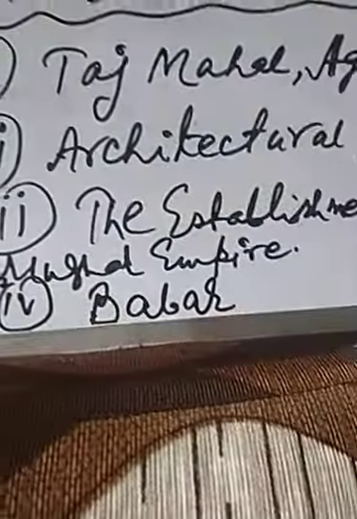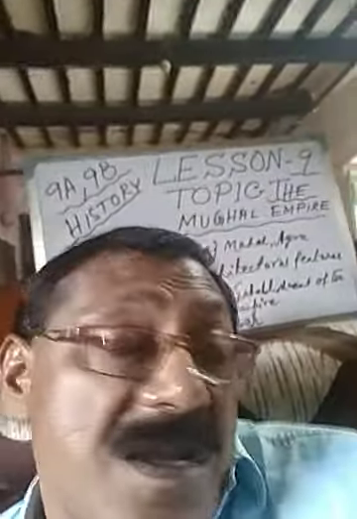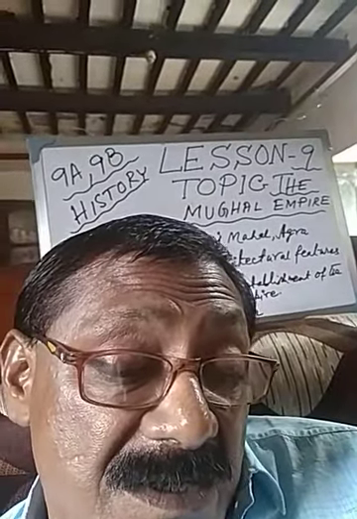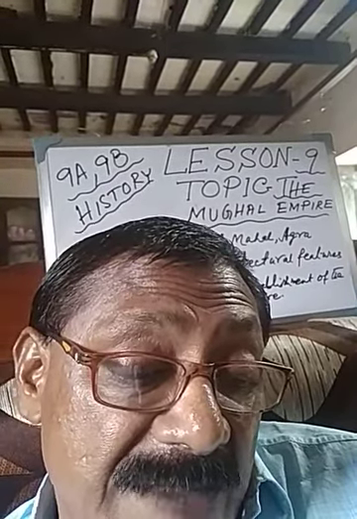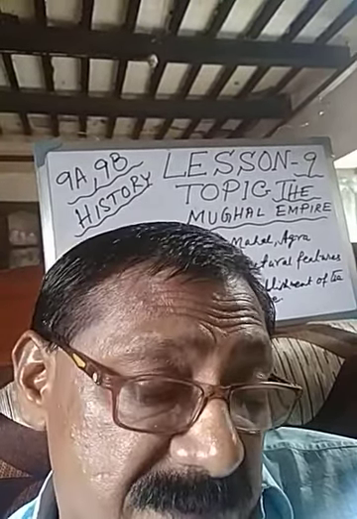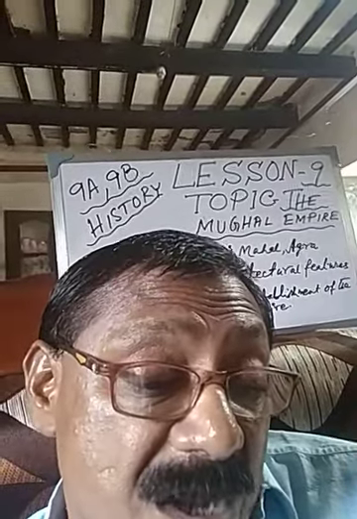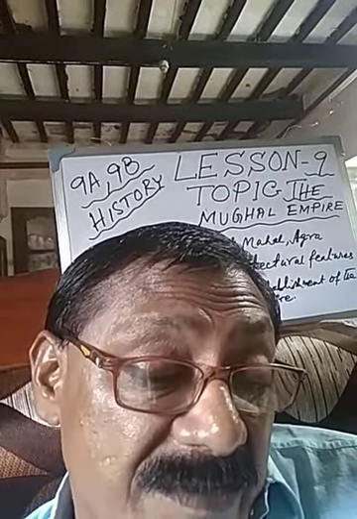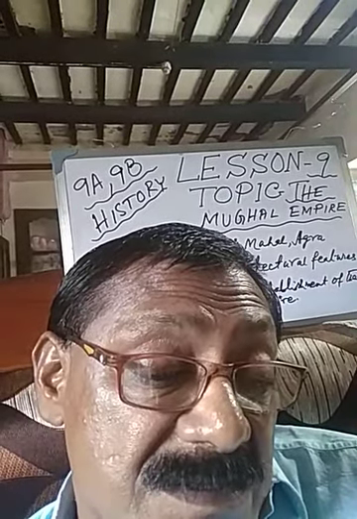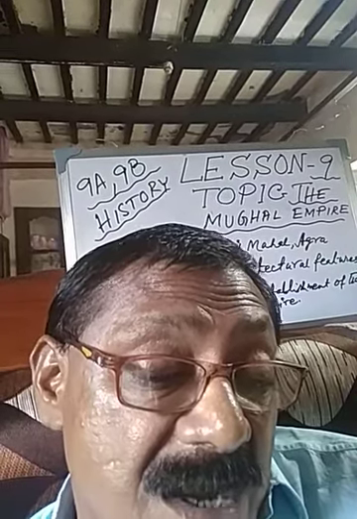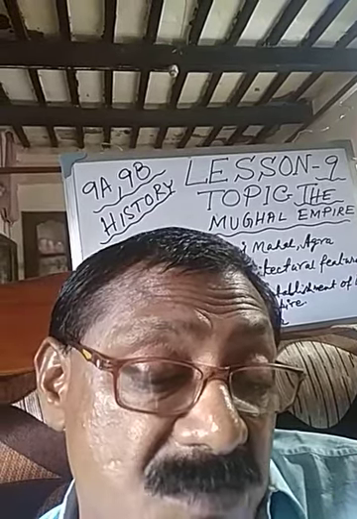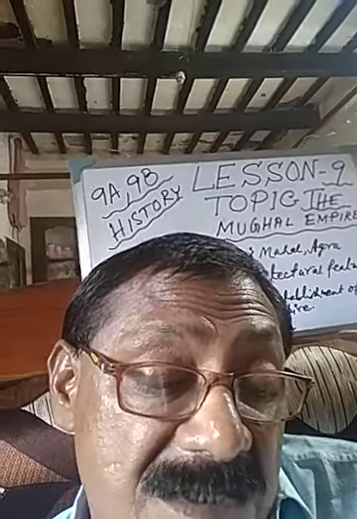Now, who was Babur? As I told you earlier, Babur was the founder ruler of his own dynasty, the Mughal dynasty. Historians had many opinions about the Mughals. The term Mughal derived from the word Mongol. In truth, Babur was a Chagatai Turk who had been rendered homeless after being chased out of his kingdom in Fargana in Central Asia.